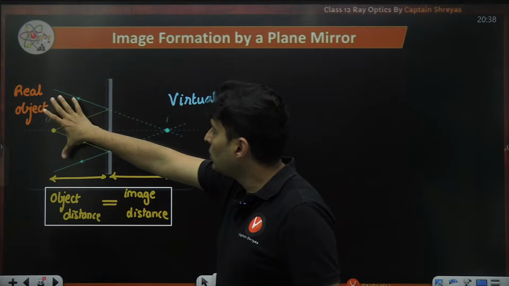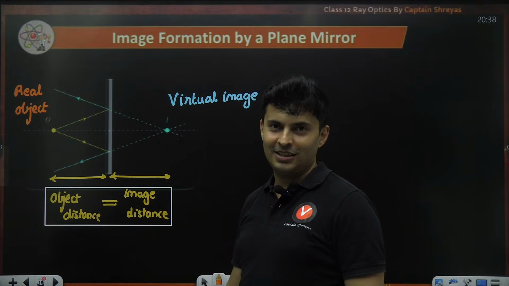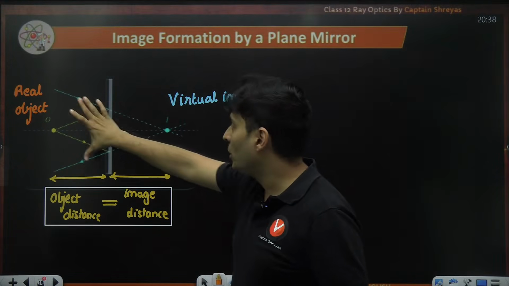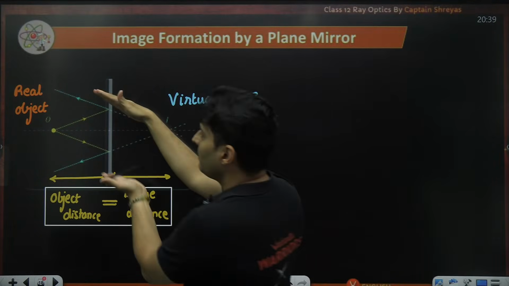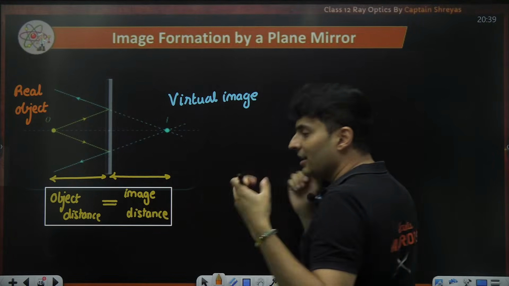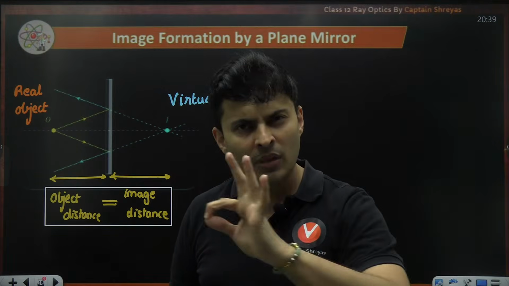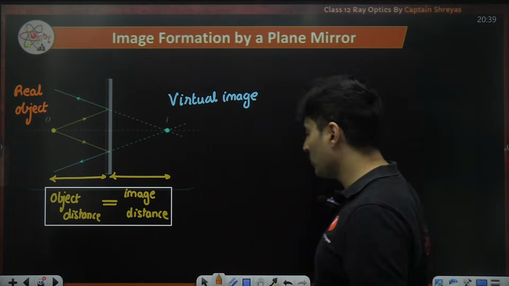No, you had to extend it. Imaginary, it was visualization. You had to geometrically construct. It was imaginary. Actually, they were never going to meet. Just because you retraced it back behind, they are meeting. That is why it is a virtual image. Got my point, everyone? The difference between real and virtual.